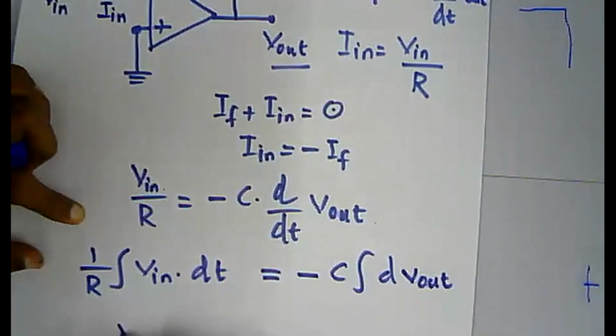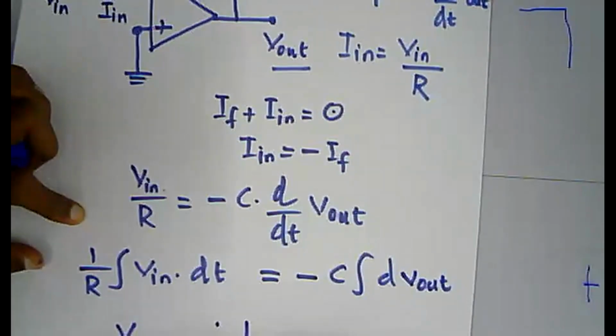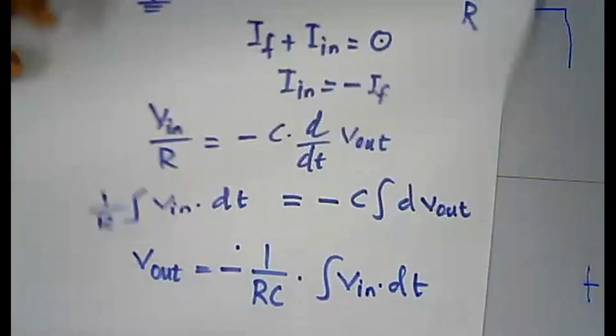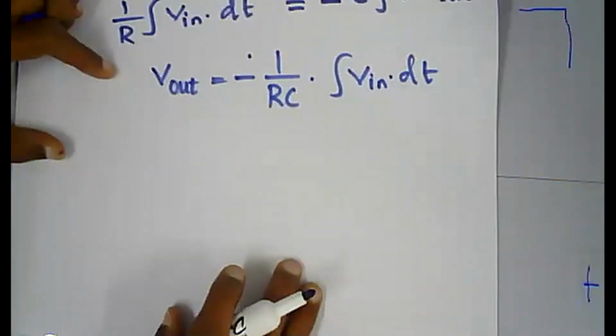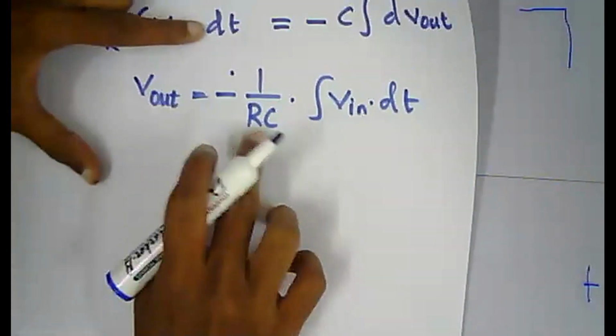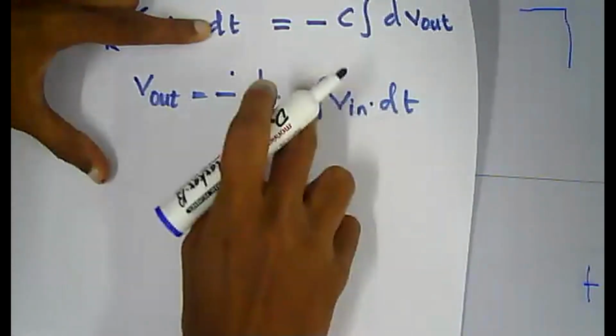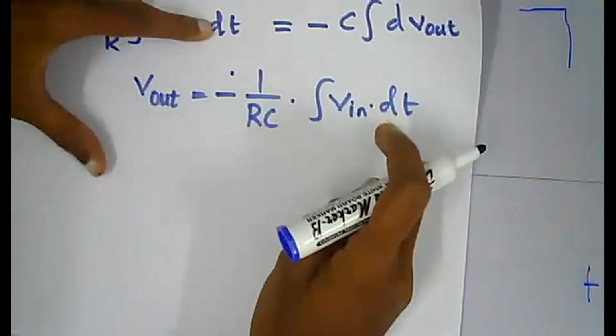So I can simply write this as V out equals minus 1 over RC into integration of V in into dt.